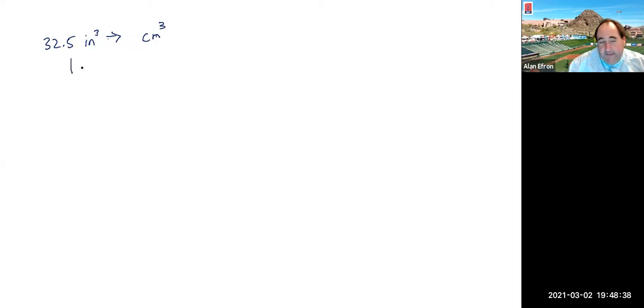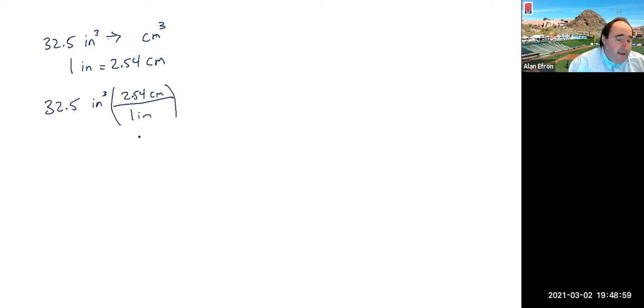We can use our same equality that 1 inch is 2.54 centimeters. We could approach it the same way, start with our 32.5 inches cubed. We would want the inches on the bottom so that they cancel. 1 inch is 2.54 centimeters. Now, if I do this, only 1 inch is going to cancel. I'm actually going to be left with inches squared, which is a very common mistake that people make.